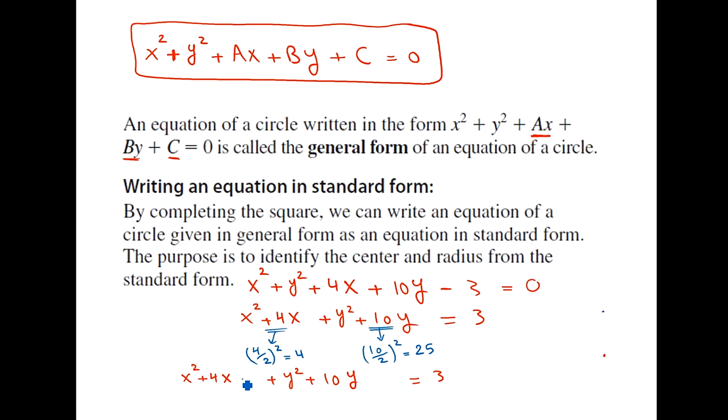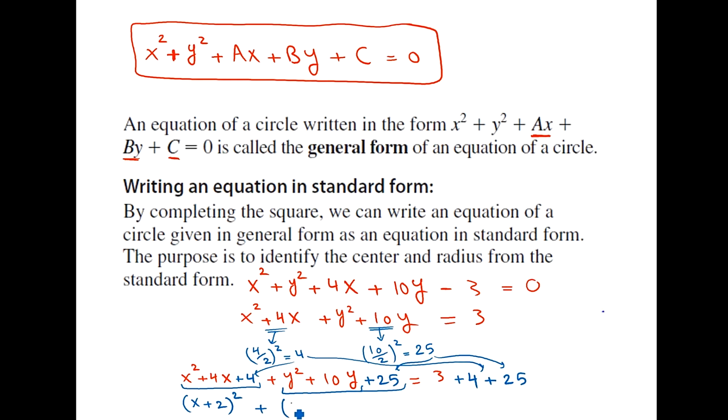Now we add the 4 to both sides and add the 25 to both sides. Notice this 25 we added here and here, and the 4 the same, we added here and on the other side. Now this is the complete square. This is equal to x plus 2 all square, which is the root of x square and the root of 4, as we took in previous classes. And this is the complete square also.